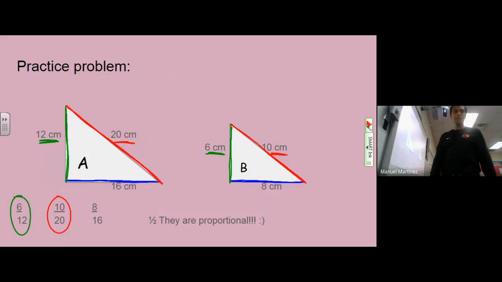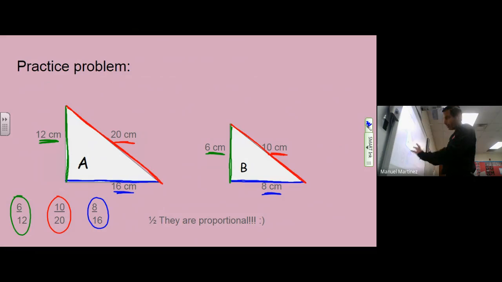That's why we have another ratio there, 10 to 20. And then the base of this triangle is 8, the base of this other triangle is 16. So we have 8 to 16, another ratio there.